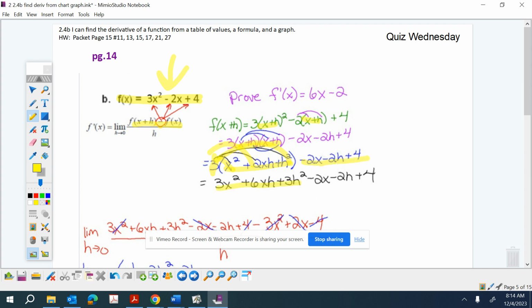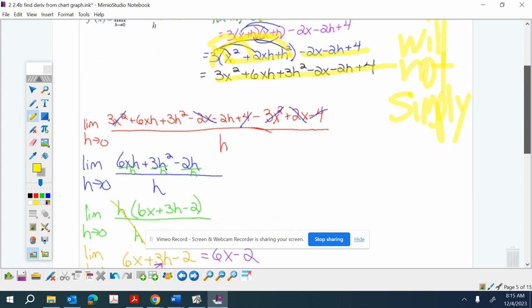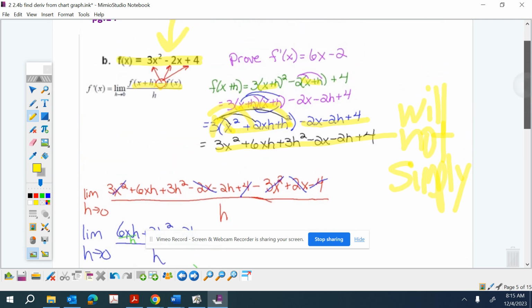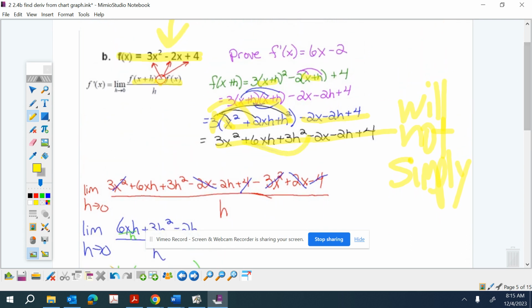And then just like before, keep in mind, it will not simplify. Every term will remain individual. You will not simplify. So going back to the formula, it's f of x plus h. All of this goes here.